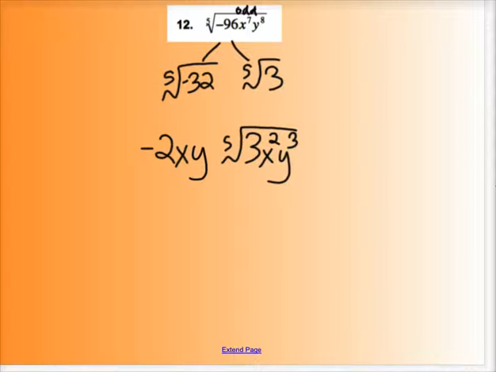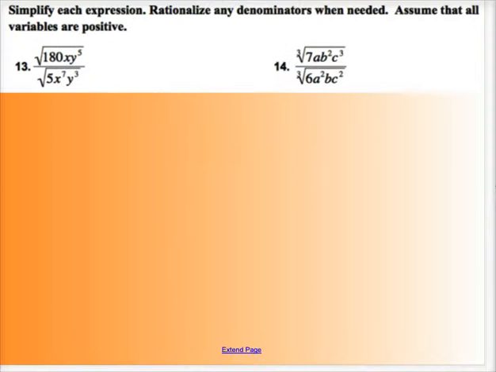All right, shifting gears. So on the back side, we need to simplify each expression, rationalize any denominators when needed. And now notice this, assume that all variables are positive. So this is very much to our benefit, getting to make that assumption, because what that assumption means, no absolute values.